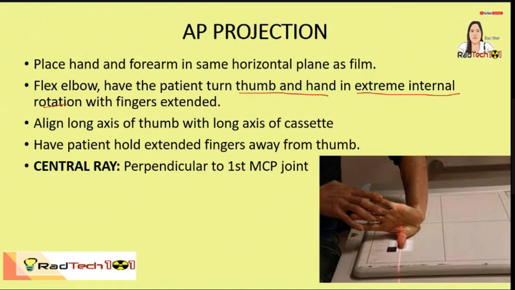So, tandaan, central ray for second to fifth digit is the PIP joint. JT yan, JT, PIP joint of the affected finger. Pag first digit naman, ang central ray is sa first CMC joint.